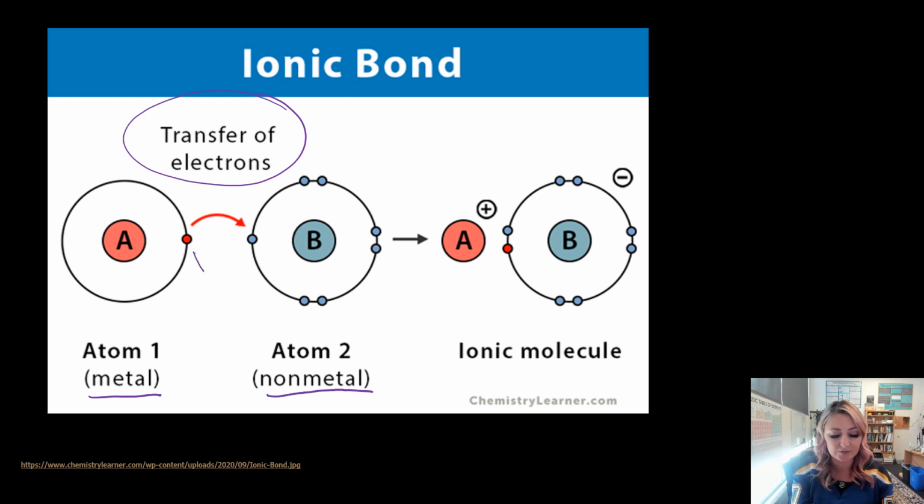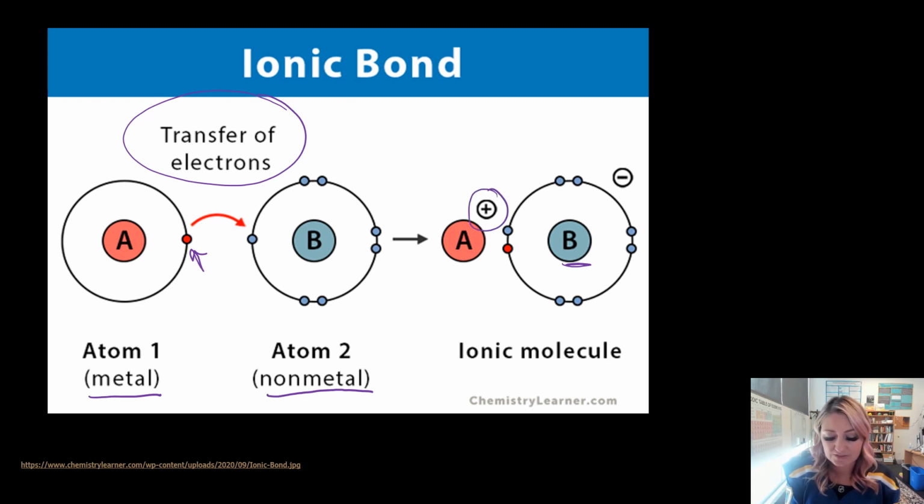So we see an electron, this cute little red dot, floating around in the electron cloud for element A. Because it's a metal, that electron gets transferred to element B. When element A loses an electron, now it has one more proton than electron, so it has a +1 charge. Atom B has gained an additional electron, so it has one more electron than proton, so it has a -1 charge.